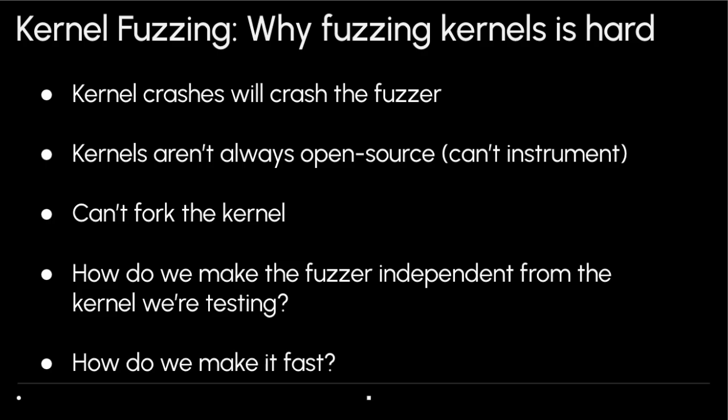Another problem is that you can't fork the kernel like we were doing before with our user space processes. So the questions are, how do we make the fuzzer independent from the kernel that we're testing, and how do we make it fast? Because remember, the throughput of our fuzzer is pretty essential to finding actual bugs.